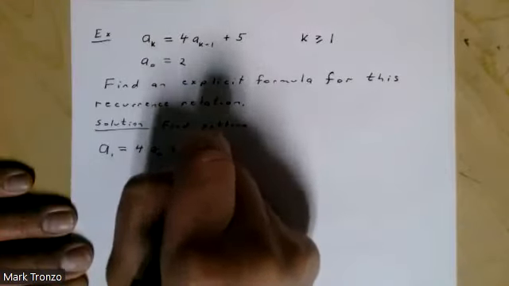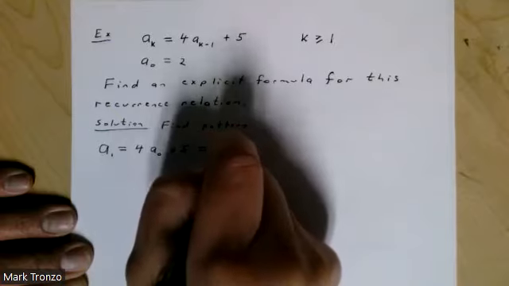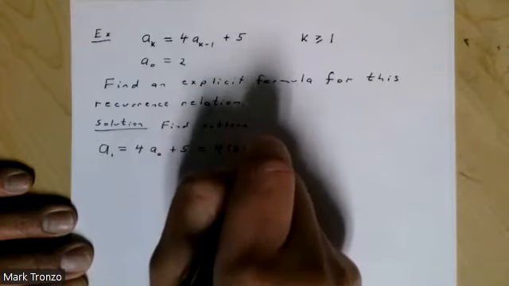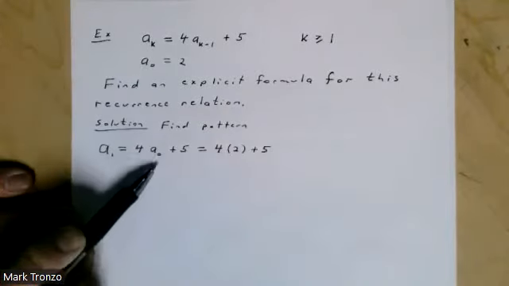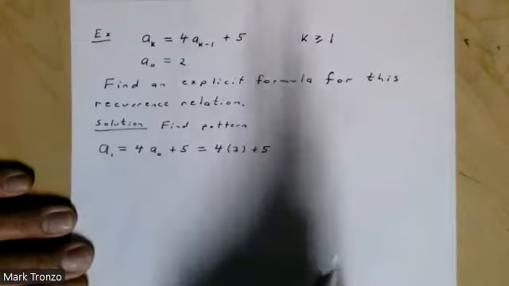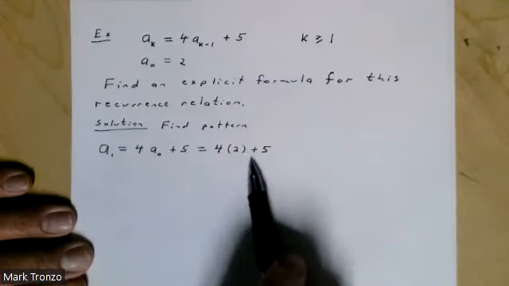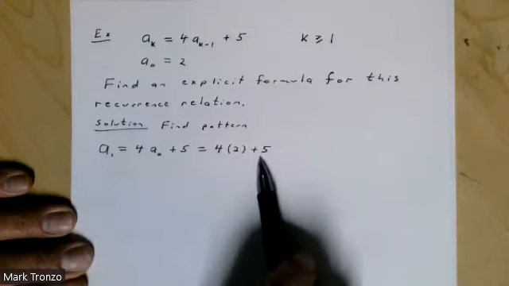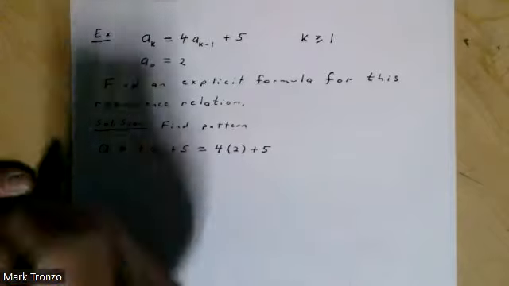And what does that mean? 4 times 2 plus 5, since a_0 was 2, so we plug that in. Now, for a lot of these, we don't want to simplify them completely. We want to keep them separated a little bit so we can see the pattern. So let's leave that there.